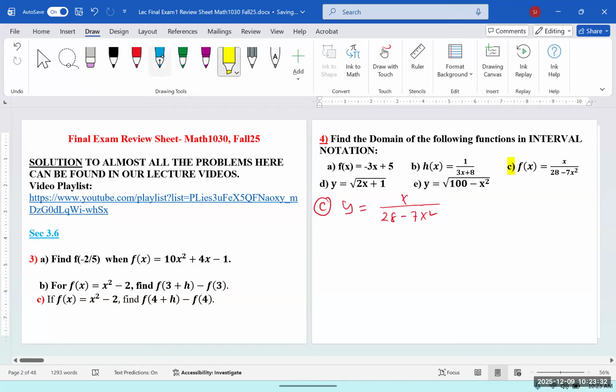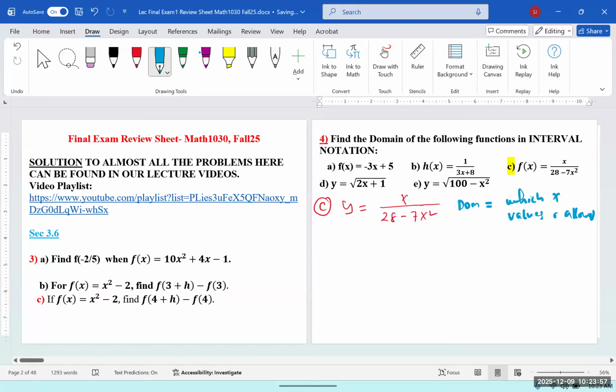Domain means what numbers we can plug into our equation and get a valid y value. So domain means which x values are allowed. So how do we find them?